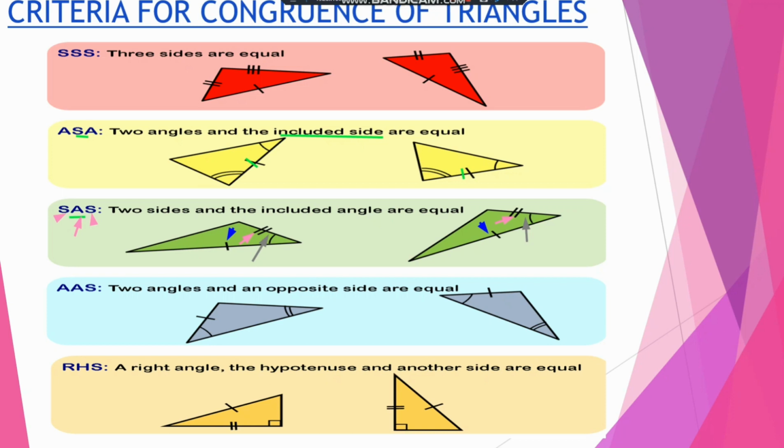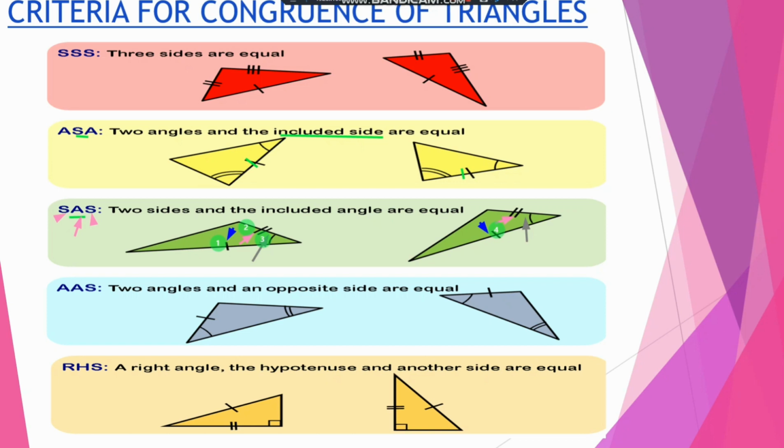If we number it, number 1 is this side, then number 2 side, and third, that is the included angle.